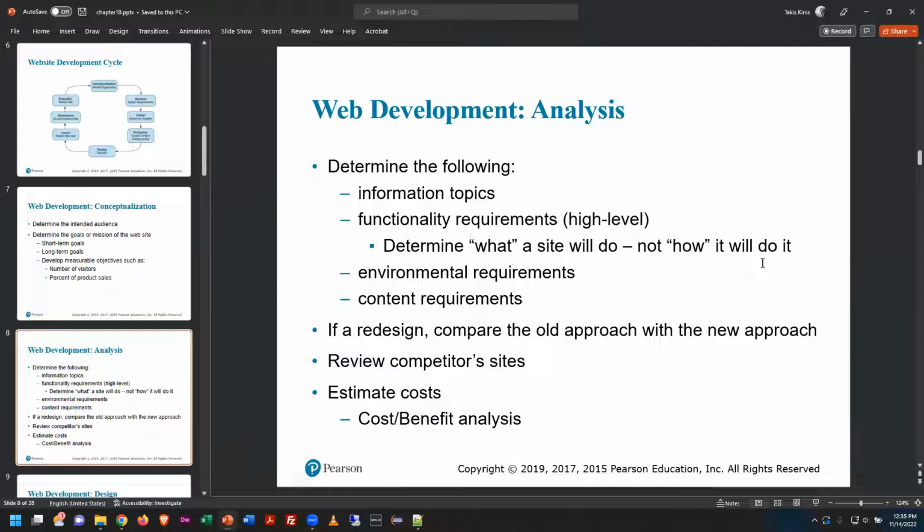Those are important. Now, they also have some other things here. If you're analyzing environmental requirements, what they mean by that is the business environment, the corporate environment you're working within, and what hosting platforms you have available. Not everybody has everything available to them.